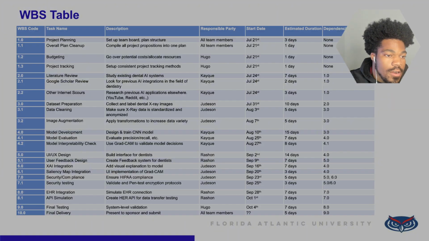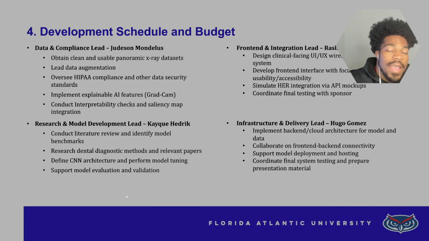But certain guys like Hugo focus on budget. Ultimately, we will start this project on July 21st, and we will not end till past early October. So this will be a layout of how we will go about all of these different assignments moving forward.